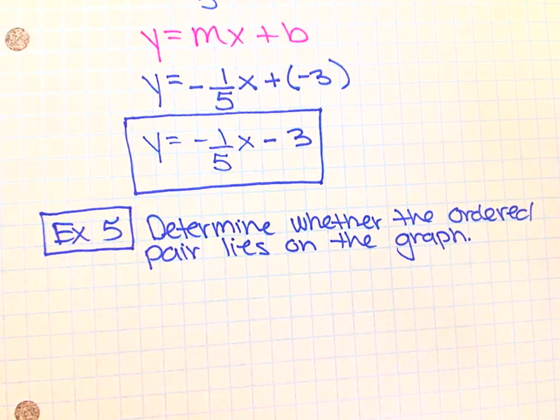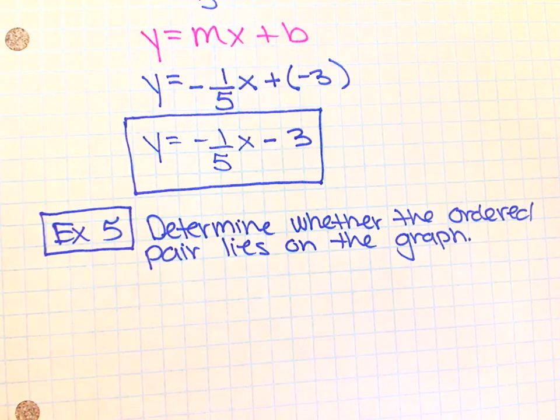Please write those directions down. Determine whether the ordered pair, so we know we're going to get a set of numbers, x and y, lies on the graph. You're like, how are we going to do this? Trust me, it's very, very simple.